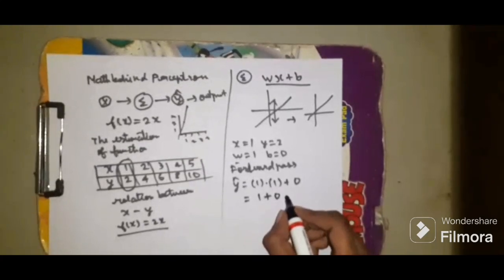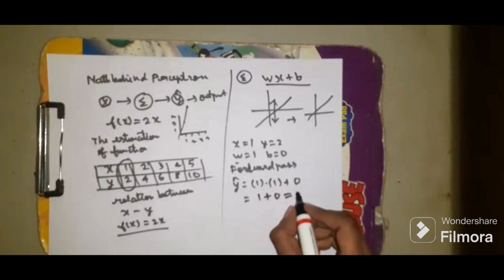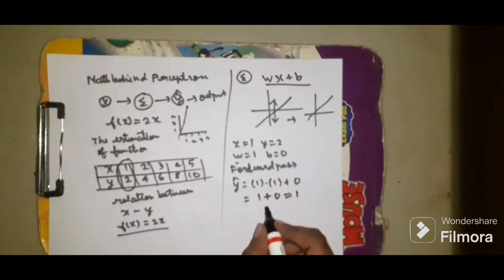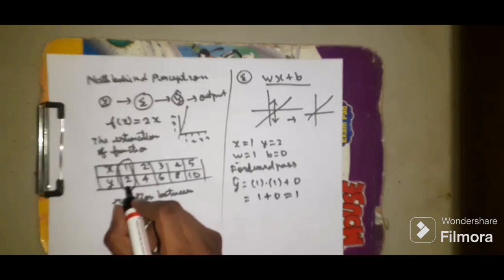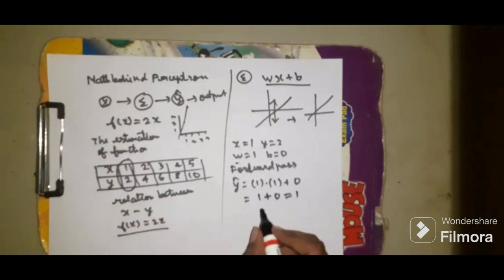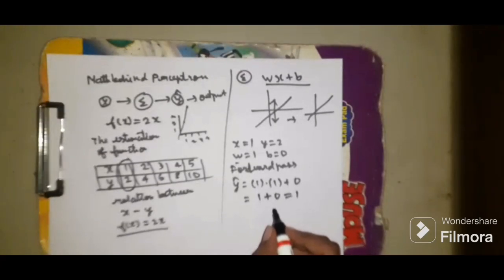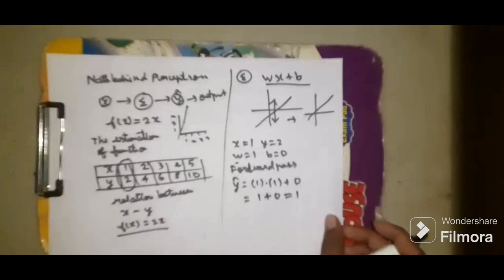That will be 1 plus 0, and that will be 1. The output we want to have is 2.